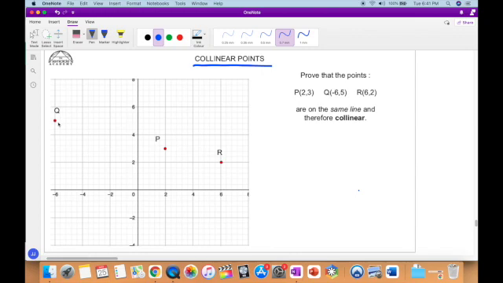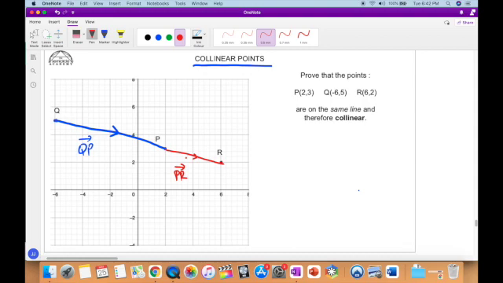Now, let's just say if I have this here, QP, and let's just say this is the vector PR, right?